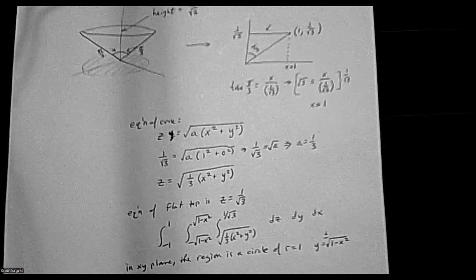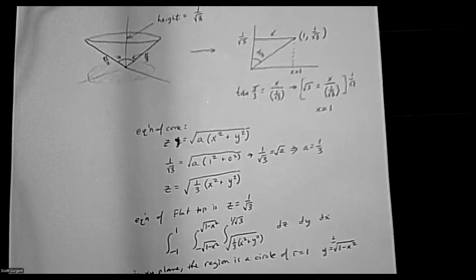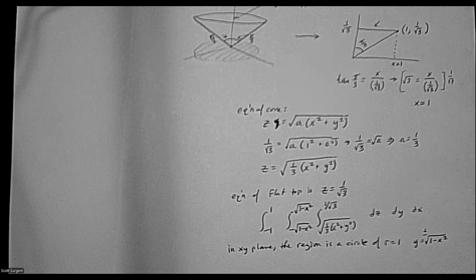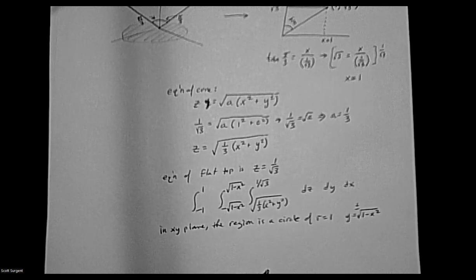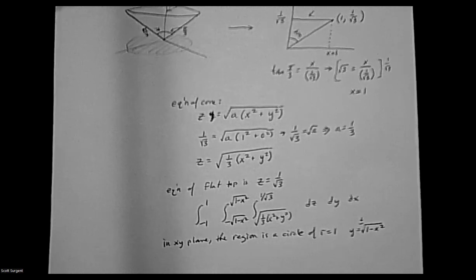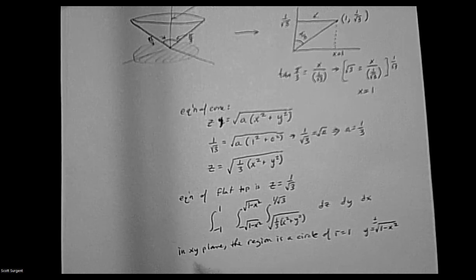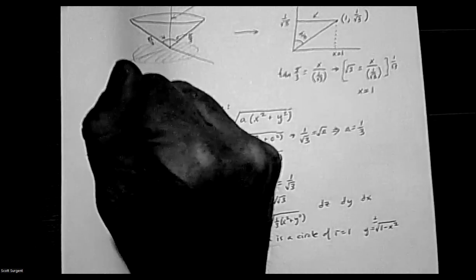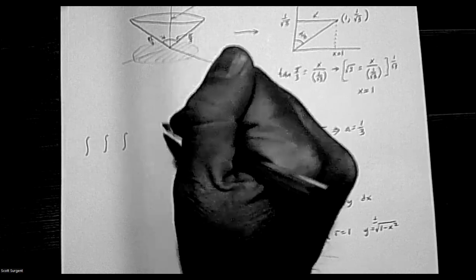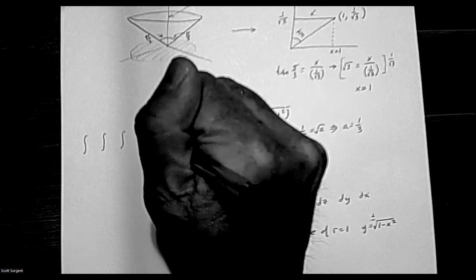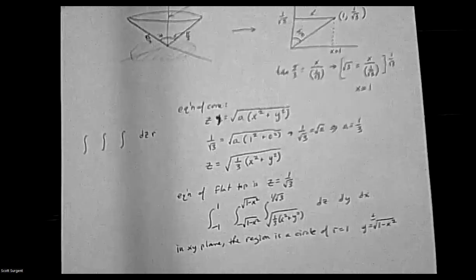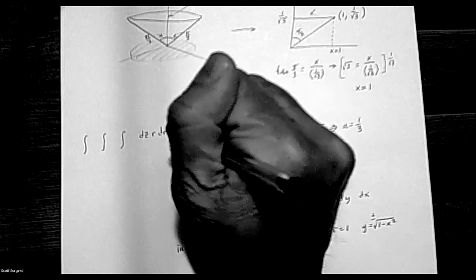Let's run through the other two because they go a little quicker. Maybe I can do it on the side here. So for cylindrical, what would I do on that one? I would keep the Z and the dz, but then change the x and y for dr and d theta.